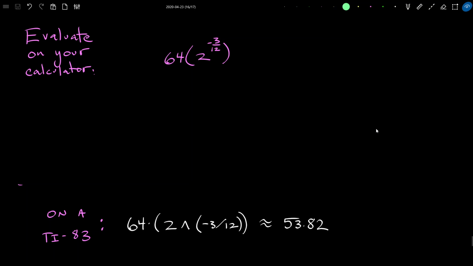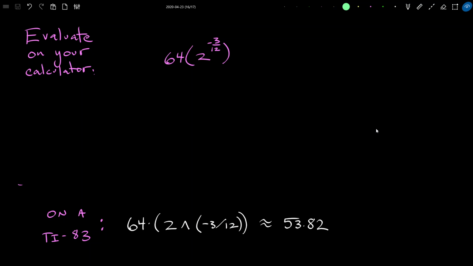Now that you're back, this is how you would type it in if you have a TI-83. So a TI-83 at this point is kind of one of the older graphing calculators that doesn't let you write things how they appear on screen.